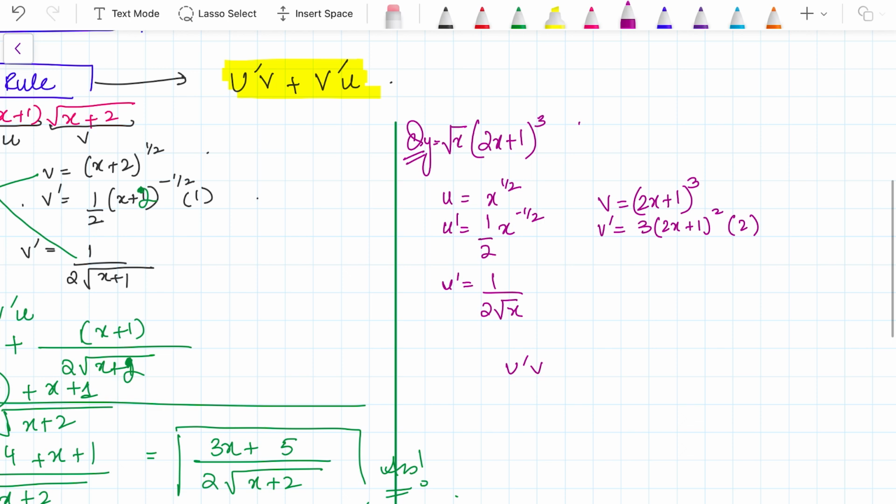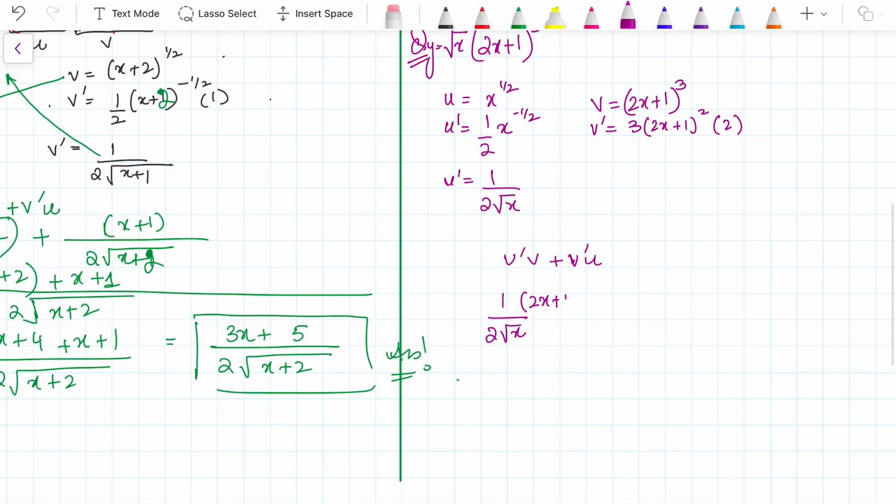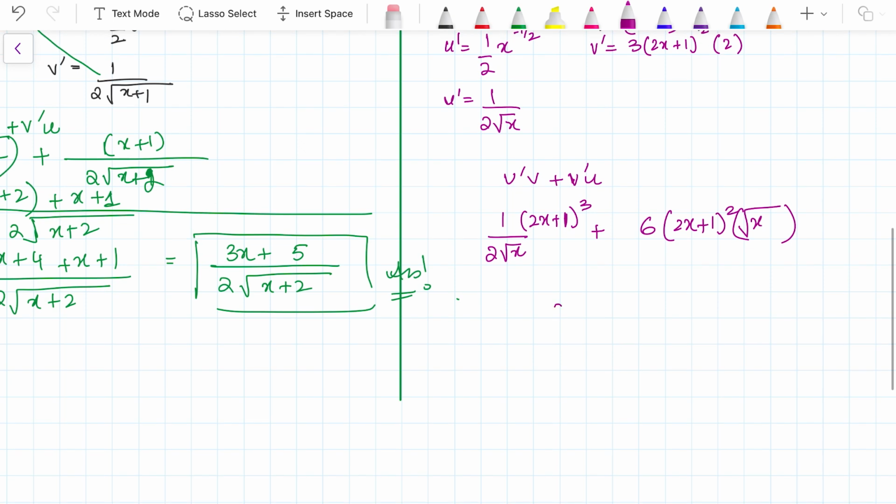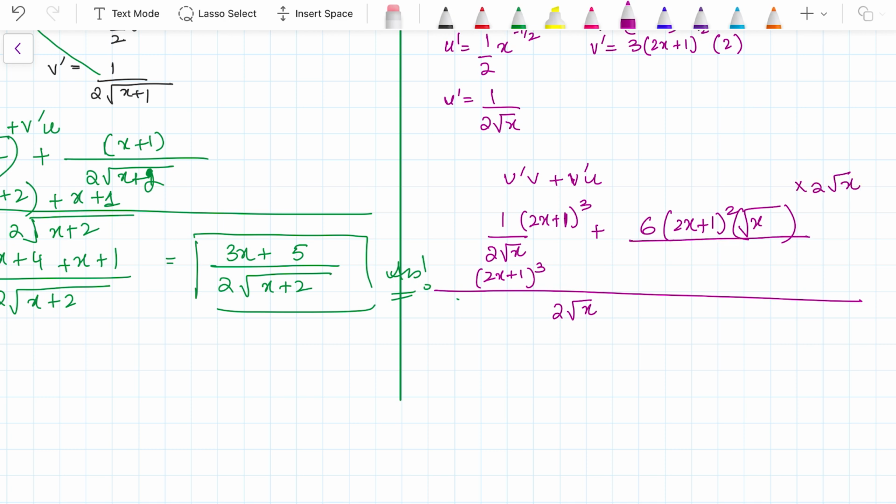Now apply the formula. U bar V plus v bar u, which is square root x. Now let's take the LCM. 2x plus 1 the whole cube, and this entire thing needs to be multiplied with the 2 under root x. 2 into 6 is a 12.